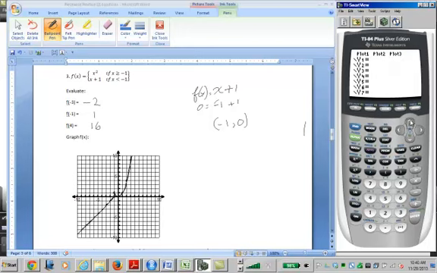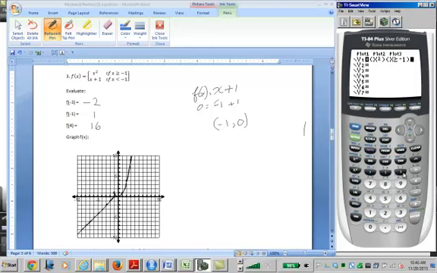So I'm going to put in x squared, oops, again I forgot the parentheses. So we're going to do x squared, and then open parenthesis x is greater than or equal to negative 1, close parenthesis.